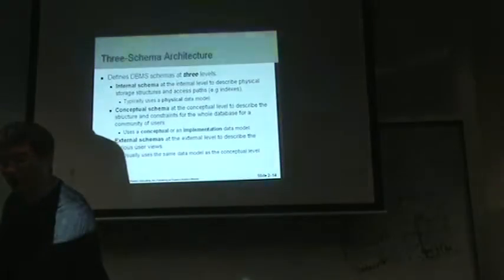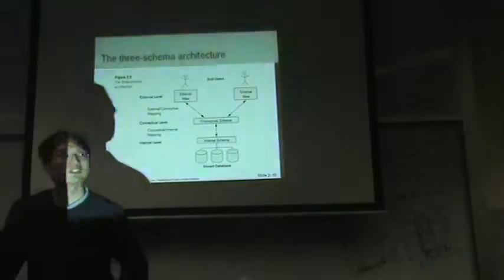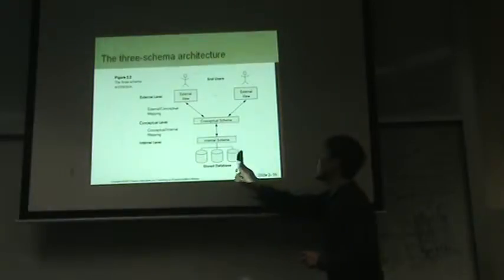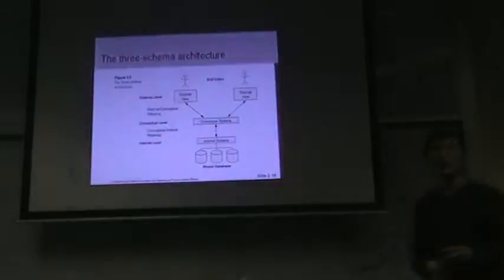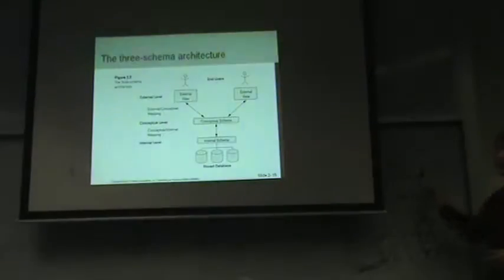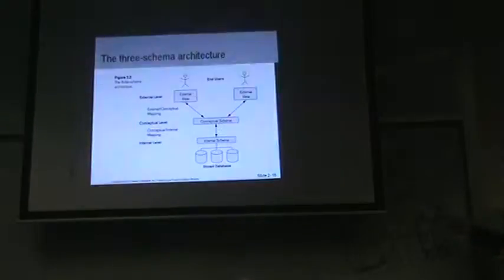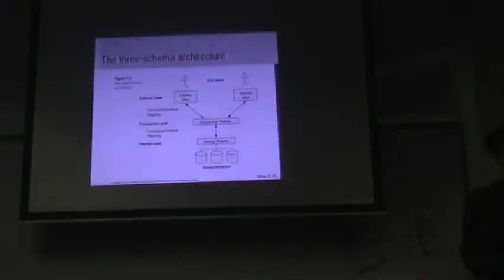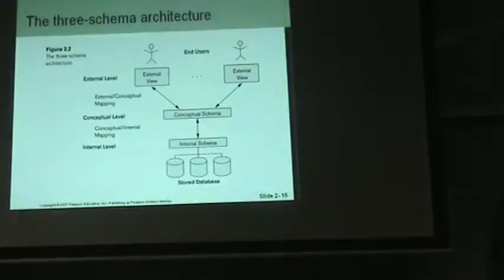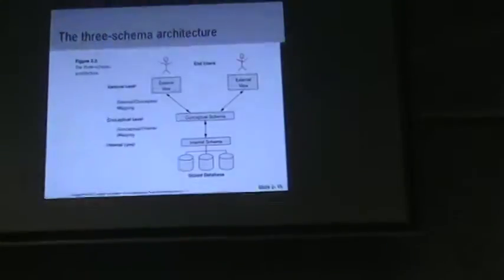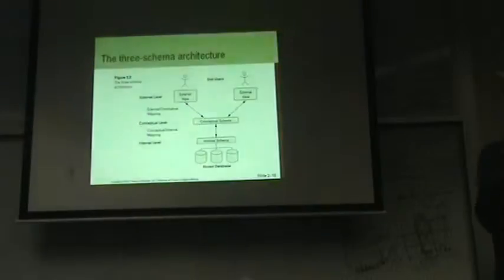So the three schema architecture is like this one. It has an external view, a conceptual view, and an internal schema. I already mentioned several characteristics of the database approach. One is program data independence. What does it mean? Program data independence means even though the data structure is changing, the program doesn't change.